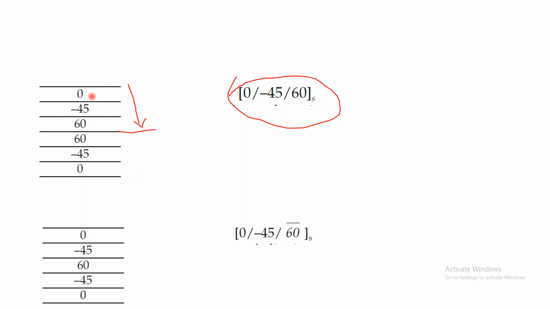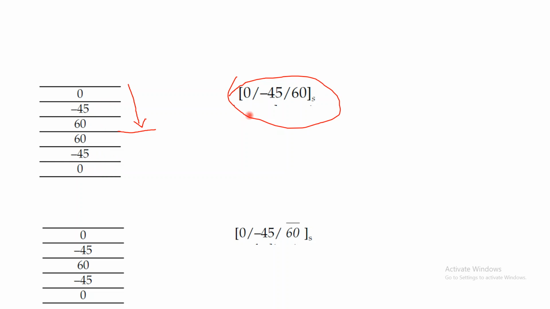Okay, so the first one is 0, second one is minus 45, third one is 60. But later on, if you observe about the midplane, the bottom layers also have the same angle of inclination, that is symmetrical. From the midplane, when you go outward, the first one is 60, second one is minus 45, and the third one is 0 degree.